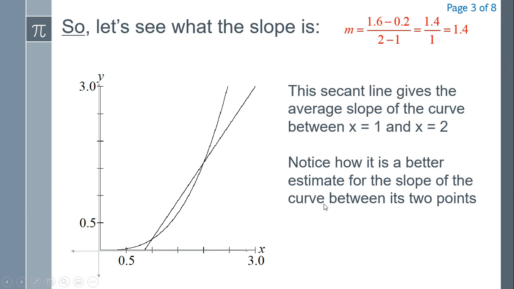So it's a better estimate. Now, here, 1.6 divided by 0.2, divided by 2 minus 1, is equal to 1.4. So the change in y over the change in x, we're getting a better estimate of the slope here.